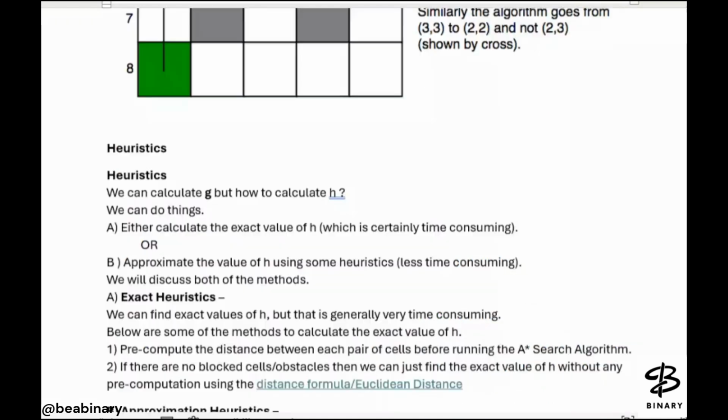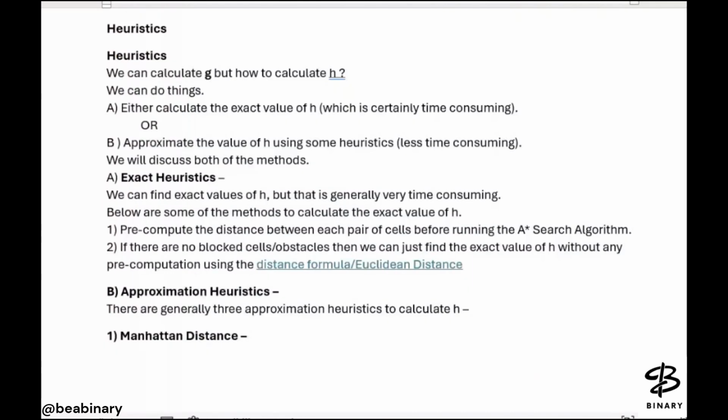So what are the heuristics? We can calculate G, but how to calculate H? We can either calculate the exact value of H, which is certainly time consuming, or we can calculate an approximate value of H using some heuristics, which is less time consuming. The exact value of H is generally very time consuming.